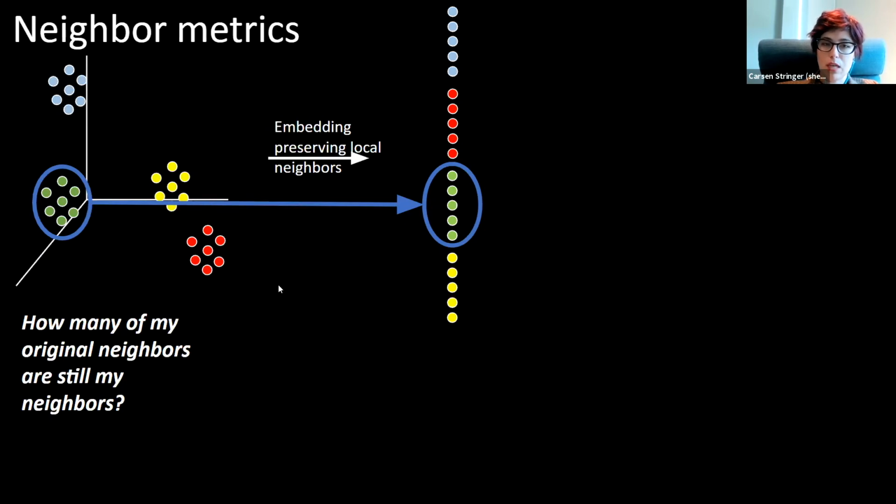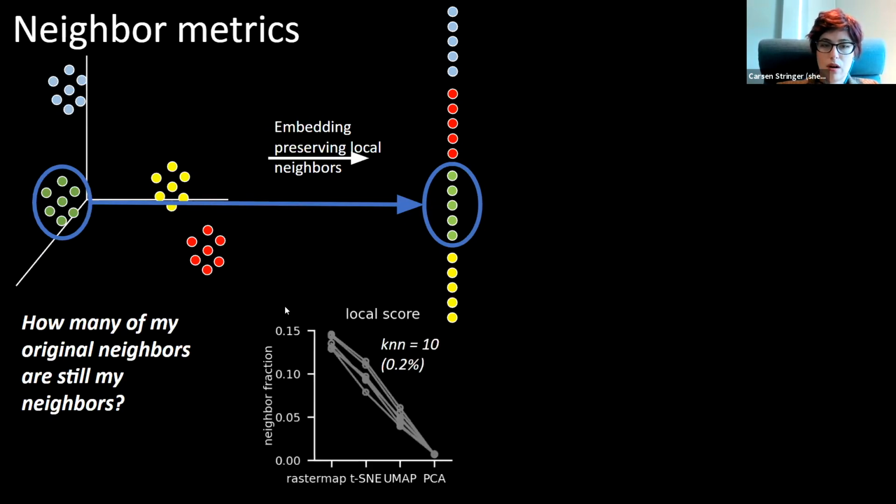We did that for Rastermap, for 1-dimensional t-SNE, for 1-dimensional UMAP, and the first dimension of PCA. What we found was for the top 10 neighbors, Rastermap preserved more of these neighbors than t-SNE, UMAP, and PCA. Basically, it did a better job of preserving these local neighbors of the neural activity.